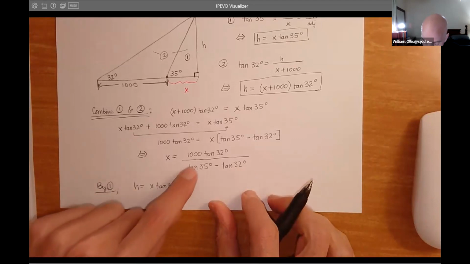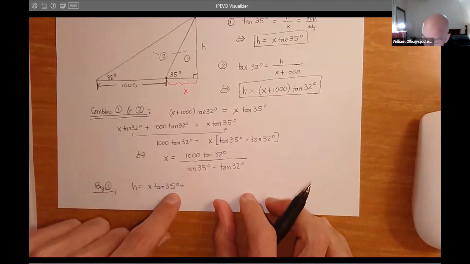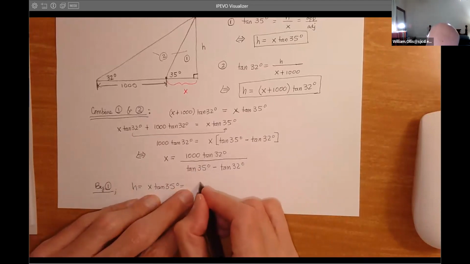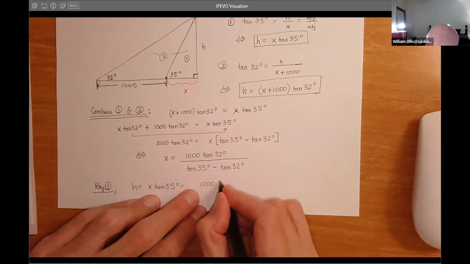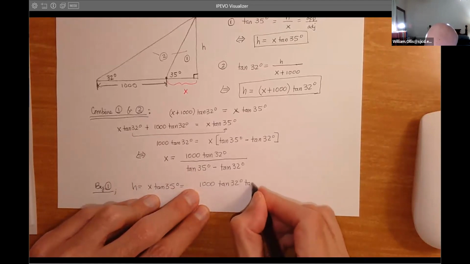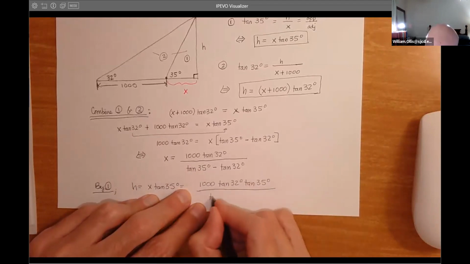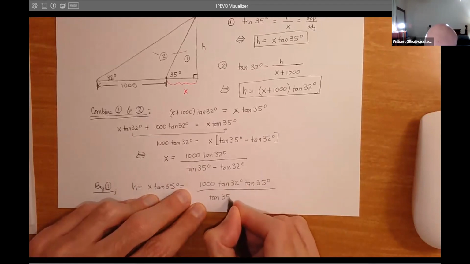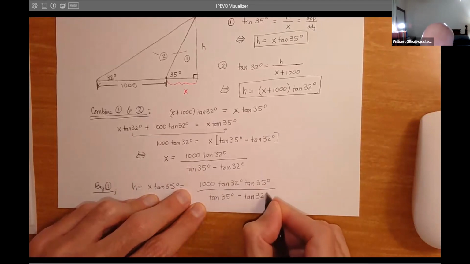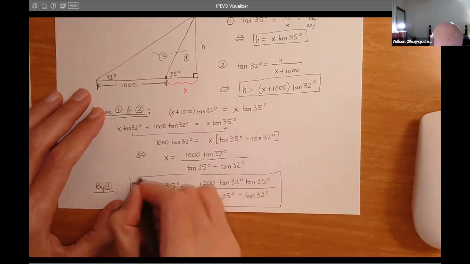So that means we just multiply the expression for x by tangent of 35. So just tack on another tangent upstairs. So this says 1000 tangent 32 degrees times tangent 35 degrees divided by tangent 35 degrees minus tangent 32 degrees. So there is your exact value right there.